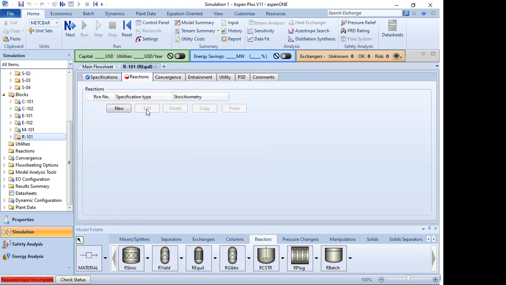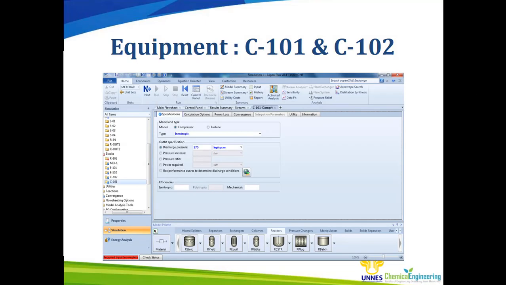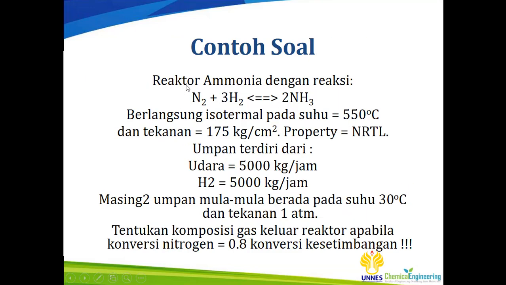And then for the reaction, in here you can put the reaction that can occur in the reactor. Since we have only one reaction, which is the production of ammonia from the hydrogen and the nitrogen, you just have to write the coefficients based on this.